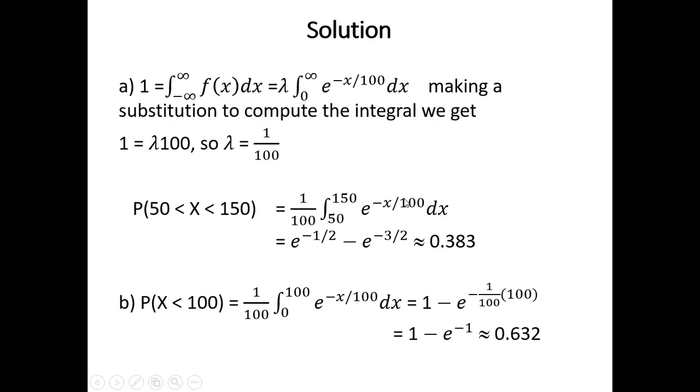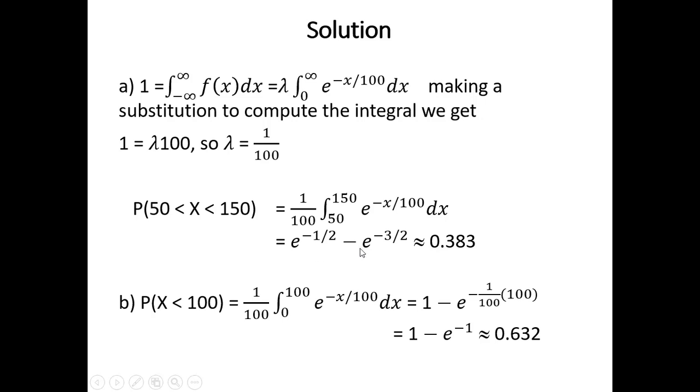And I have that minus out here, so I'll have minus e to the minus 3 halves. And then I'll have another minus because I'll have minus e to the minus 50 over 100, so e to the minus 1 half. But I had two negatives that cancel out. And so the term we get from 50 is e to the minus 1 half.